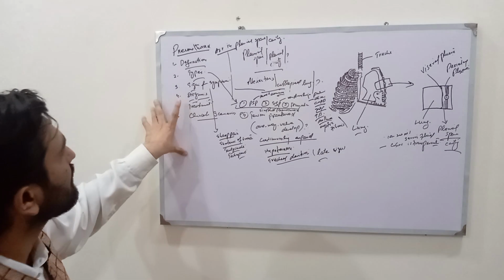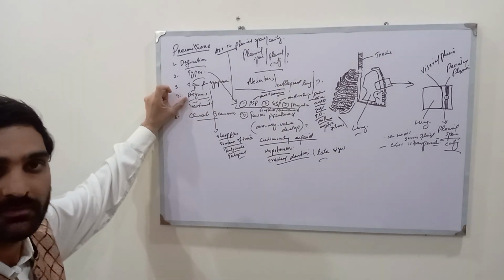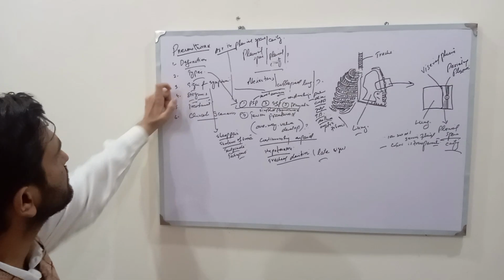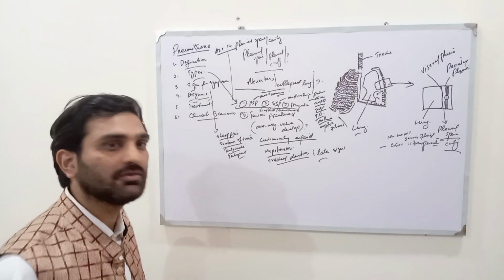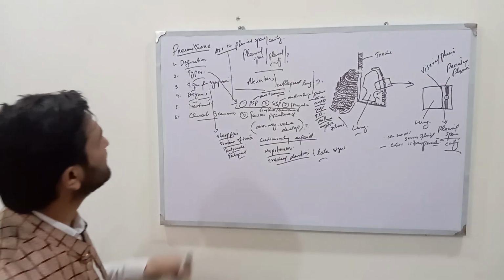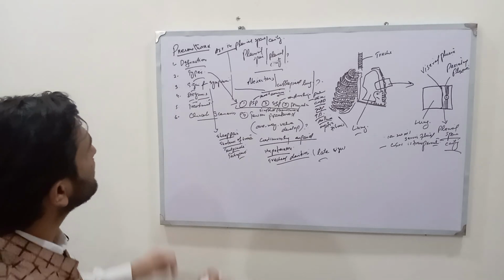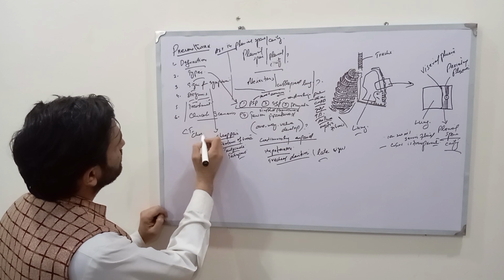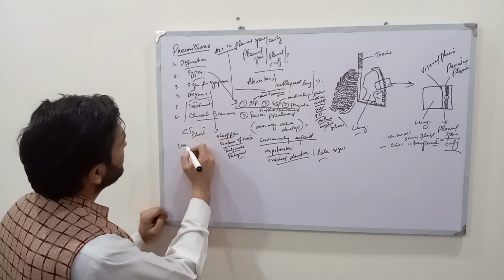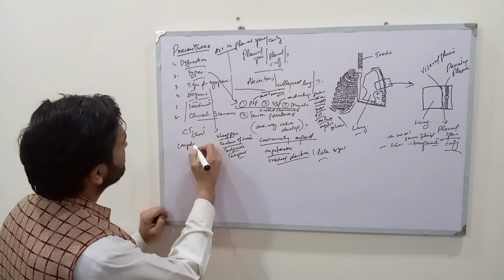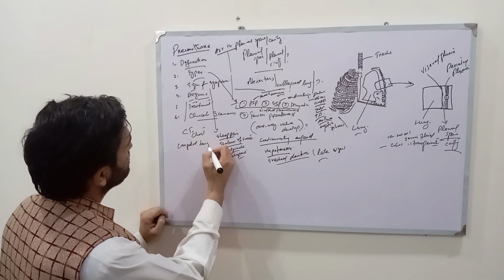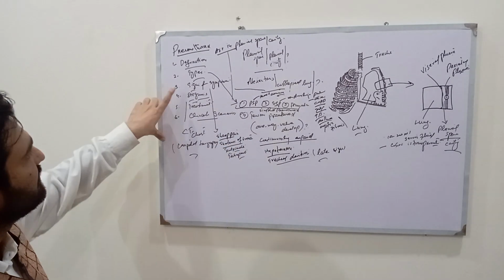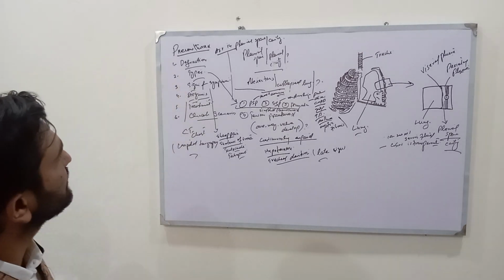But remember, chest X-ray can demonstrate pneumothorax, but the gold standard method, most commonly asked in scenarios related to pneumothorax, the gold standard method which is used for diagnosis of pneumothorax is CT scan, CT chest, computed tomography. CT is the gold standard test for pneumothorax.